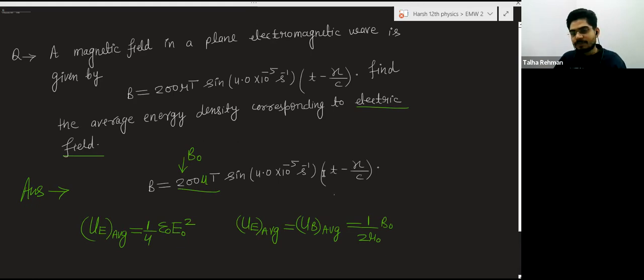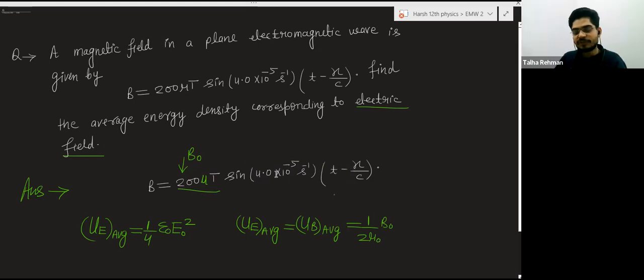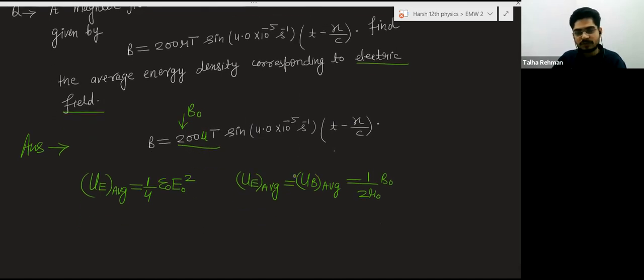With time, the coefficient of time is omega in the wave equation, and the coefficient of x is the wave number k. I'm not going into that, I am just solving the question because we need the peak value of the magnetic field.